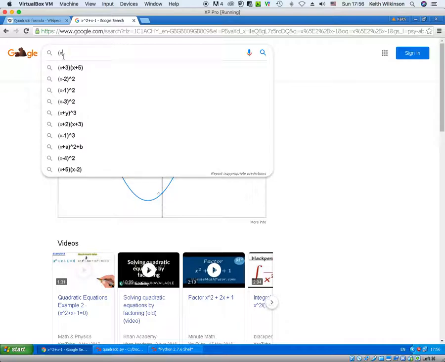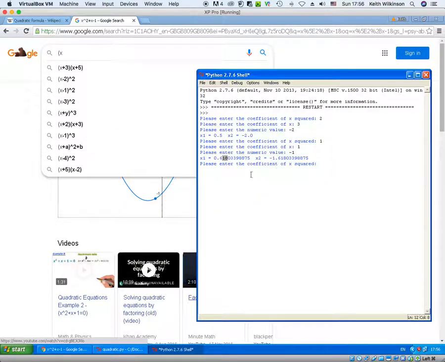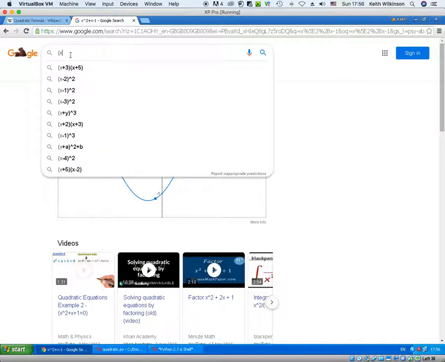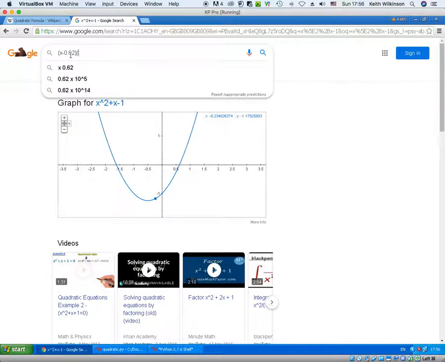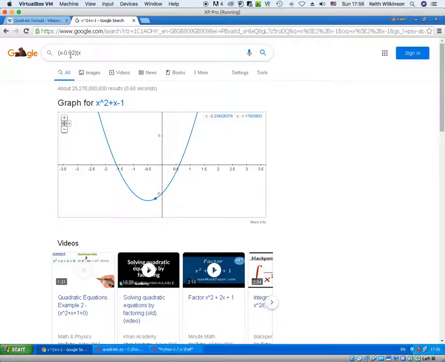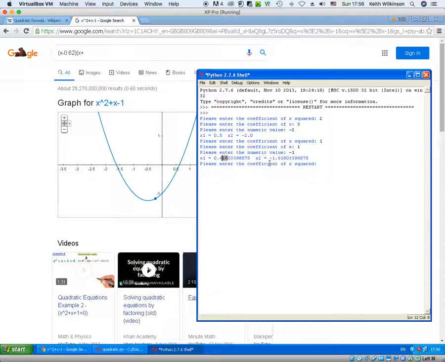We have x minus 0.62, and x plus, because that's a minus, 1.62.